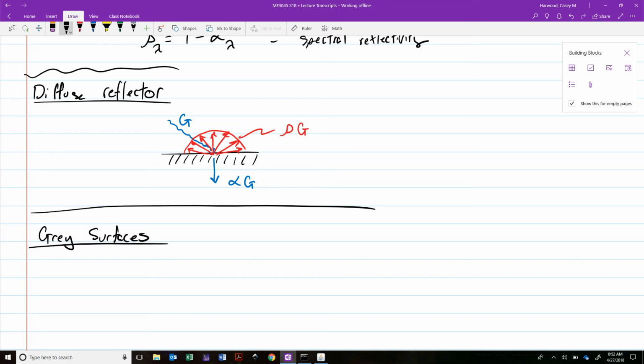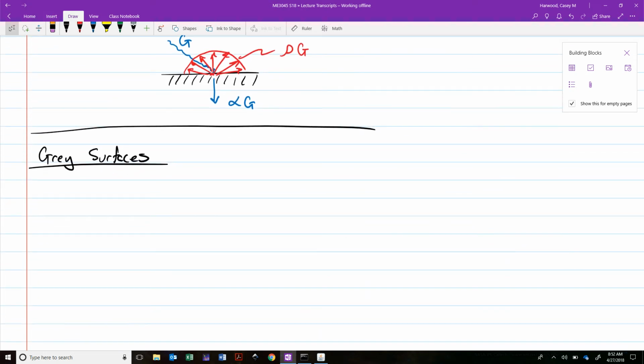So gray surfaces are something we mentioned previously. Also, in Chapter 1, we're going to firm up that definition so that we know the assumptions by which we're limited when we're talking about certain types of problems. So hopefully it's become apparent at this point that radiation is 99% bookkeeping.